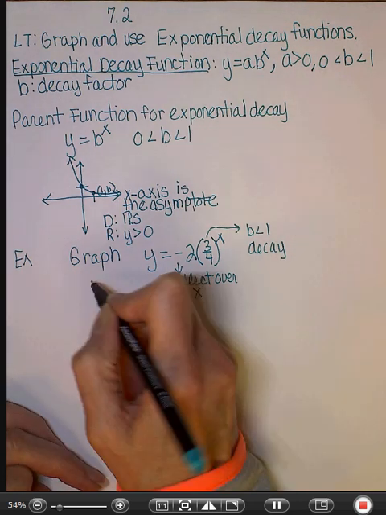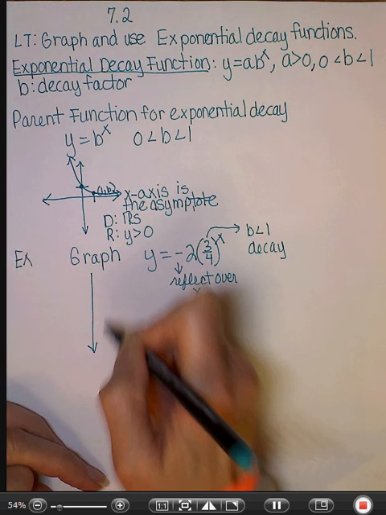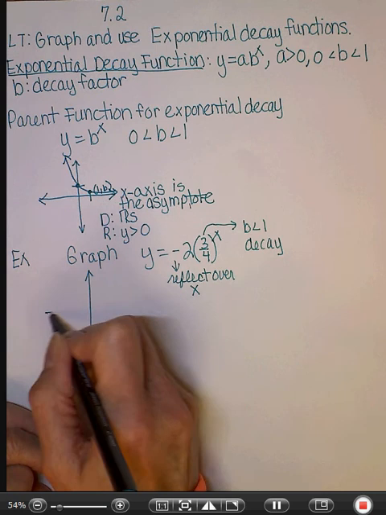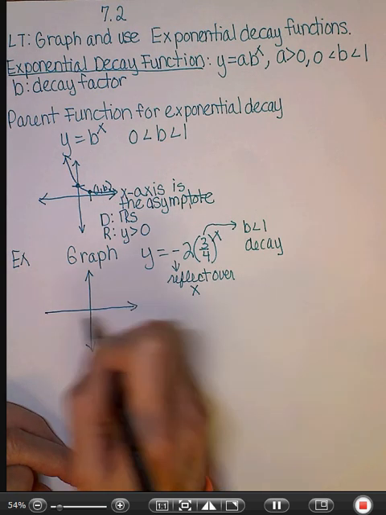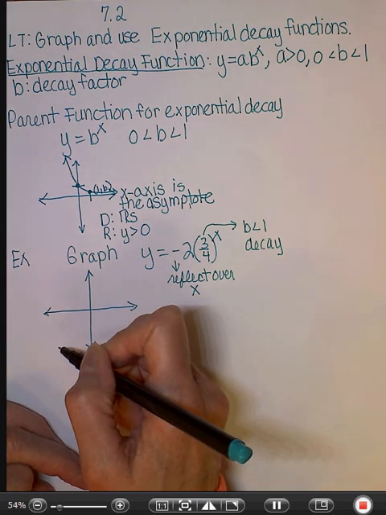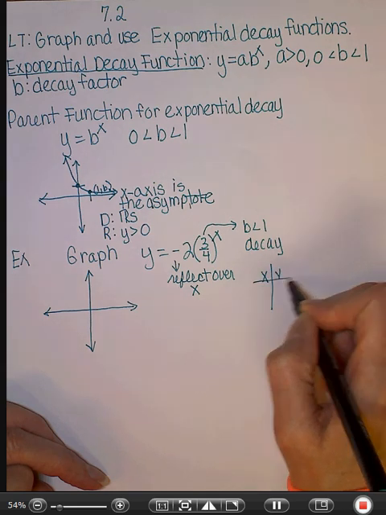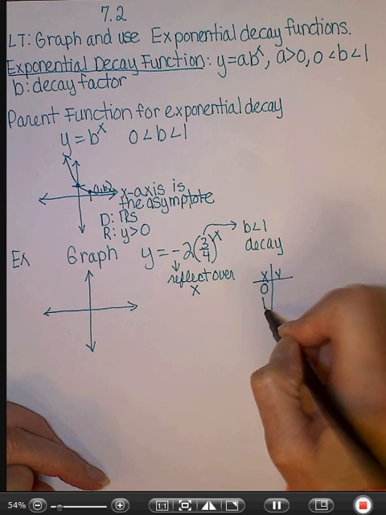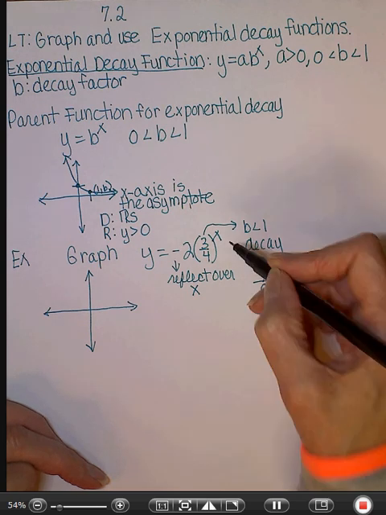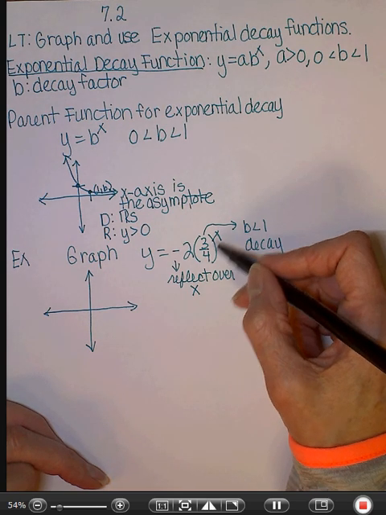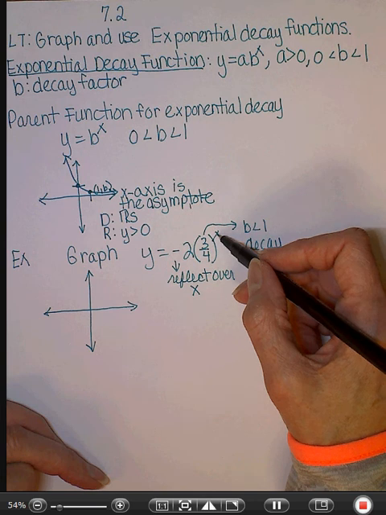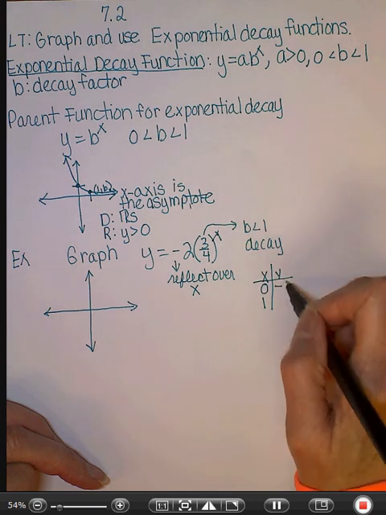Alright. Make our graph grid, and let's make an xy table. We're going to plug in 0 and 1. Those are always good values. If I plug in 0, anything to the 0 power is 1, and then times -2 would give me -2.